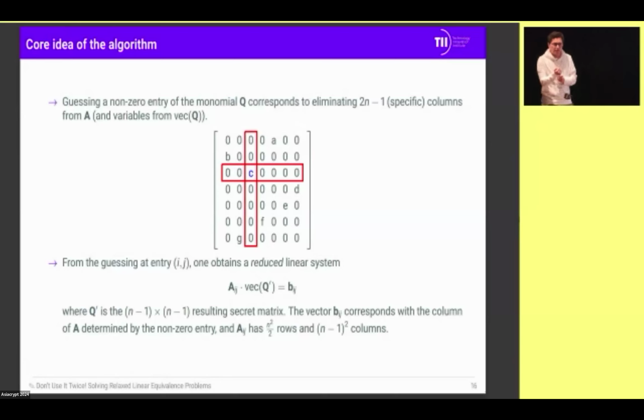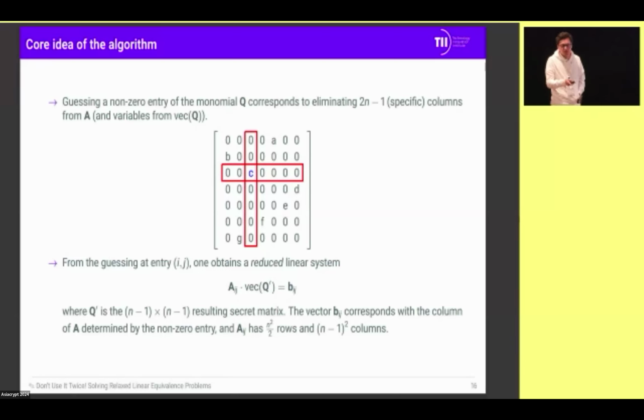The important key here is that if we do this guess, we are reducing the number of variables from n squared to (n minus 1) squared, but we are keeping the same number of equations. In this case, because we have 2 instances, we have 2 times n squared divided by 2 equations, but we reduce from n squared to (n minus 1) squared variables.